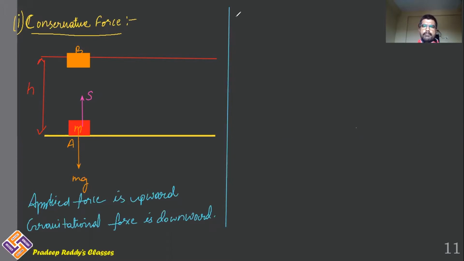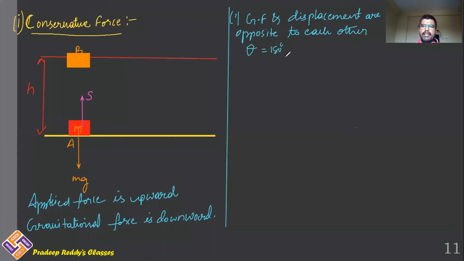Now clearly, gravitational force and displacement are opposite to each other. Therefore, what is the angle between them? Theta is equal to 180 degrees.